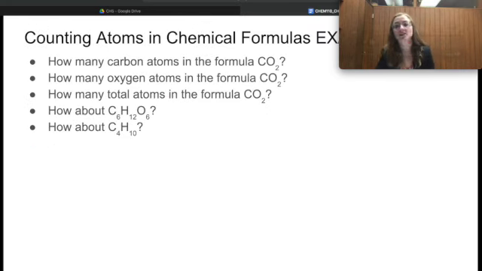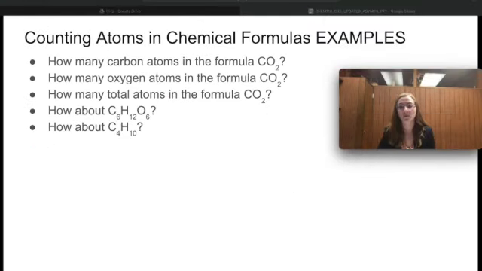All right, so let's do some pretty easy examples of counting atoms in chemical formulas. If I'm looking at that first formula there, CO2, that's carbon dioxide, the gas that we breathe out after respiration. After we breathe oxygen in and we breathe out, we're making carbon dioxide.